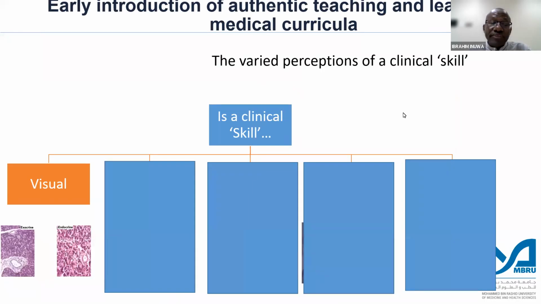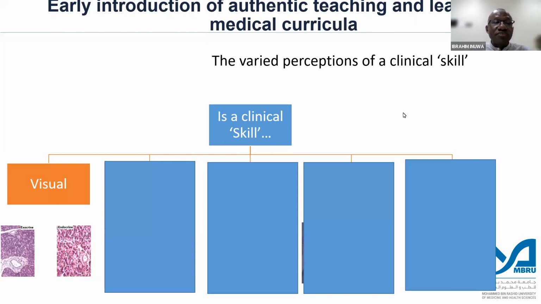This is important because most people have varied perceptions of what a clinical skill is. That's why I felt my first reflection is important, so that we have a common understanding. For example, if you're going down the street and you recognize a very famous footballer, and you say, oh yeah, that is Ronaldo. You're using your visual senses to identify that is Ronaldo. Is that a skill?